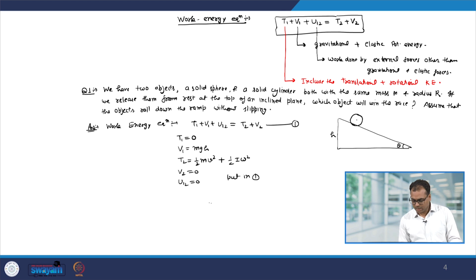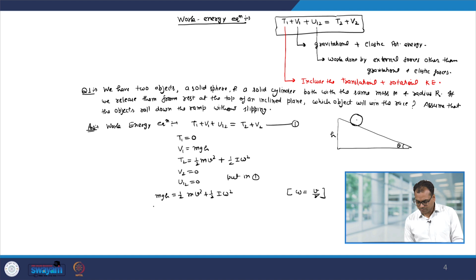So, we have mgh equal to half m v square plus half I omega square, and omega we can write down in terms of v, because omega equal to v over r.